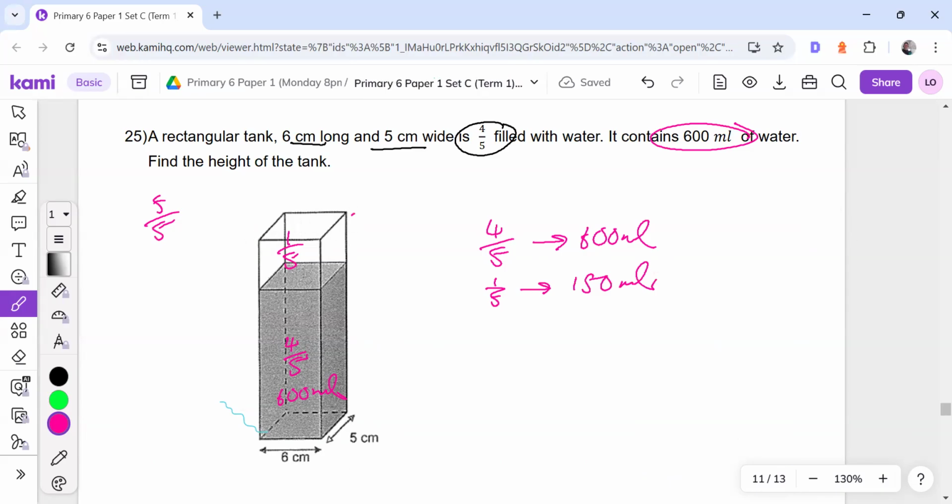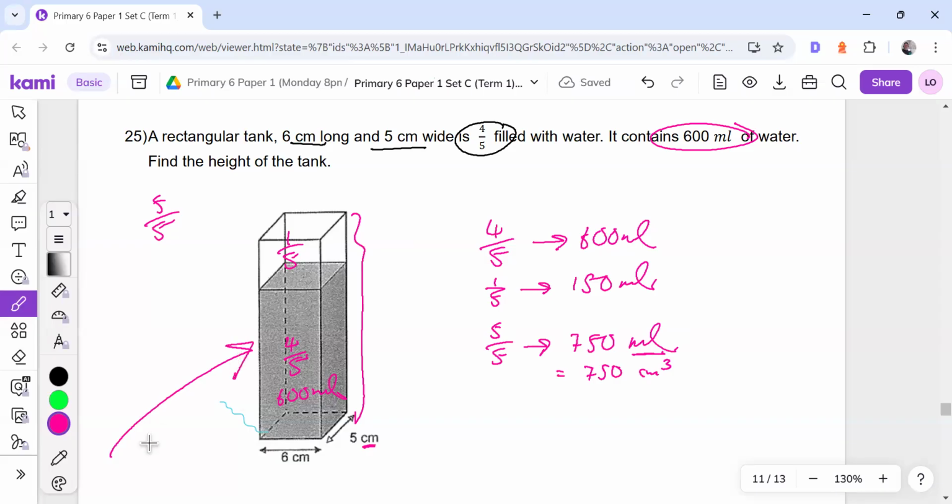You must know the entire volume, which is 5/5. So 150 times 5, you get 750 ml. Be very careful because cm and ml are not the same. So change it to cm cube. The entire volume is 750 cm cube.